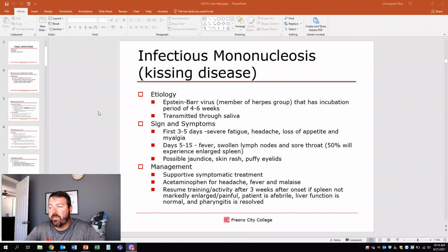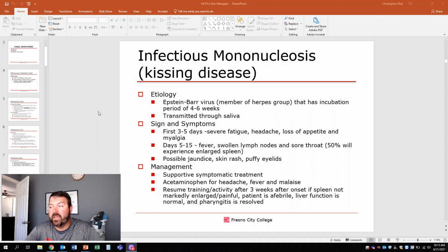The enlarged spleen is very, very important for athletics, because even after the point where you don't have a fever or anything like that, if your spleen's enlarged and you get hit there in a contact sport, whatever, full or partial contact, and in almost every sport there's some kind of partial contact, your spleen could rupture.